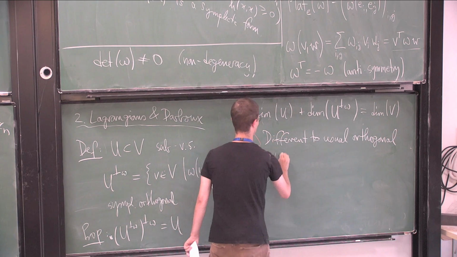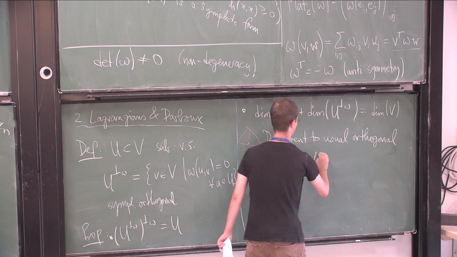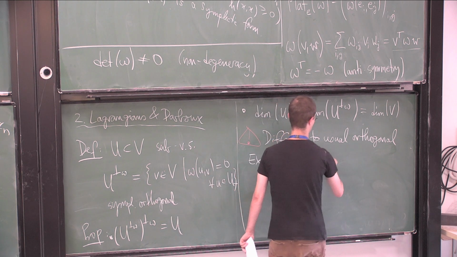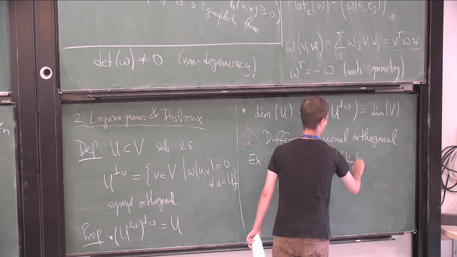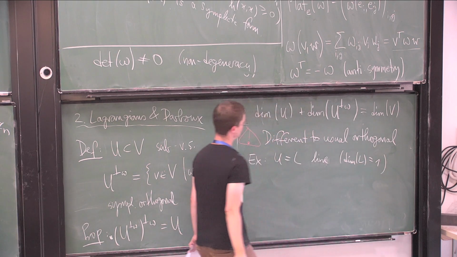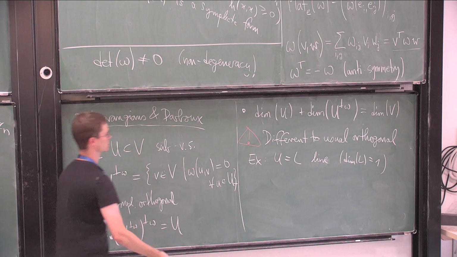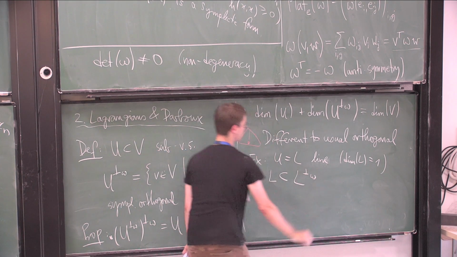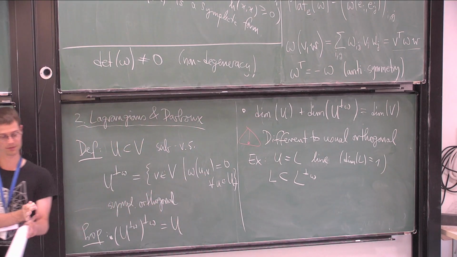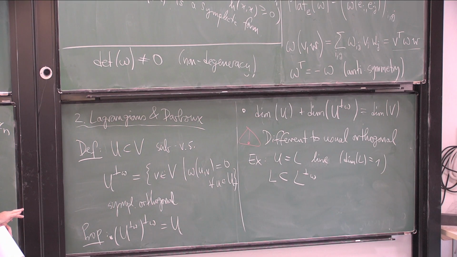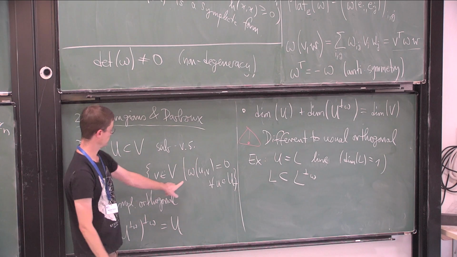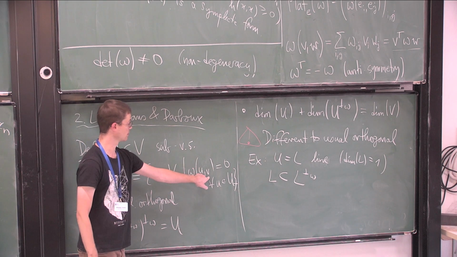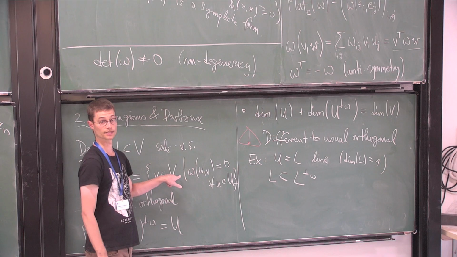Why? Well, for example, if I take a line L, a one-dimensional subspace, and take its orthogonal, then L is contained in its orthogonal. Why? Because whenever you evaluate a vector on itself, it's 0, because omega is antisymmetric.